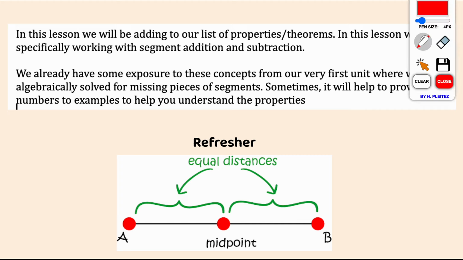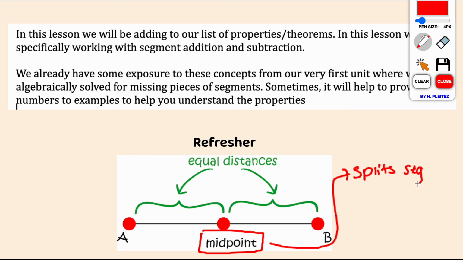Before we get into it though, just a refresher on some vocabulary. So this is a refresher on the definition of a midpoint. Now again, we know that a midpoint is in the middle of a segment, but we have to get in the habit of making conclusions that we can use in our proofs, right? So if we know something's the midpoint, the first thing that you should be thinking of from the definition is that a midpoint splits our segment into two congruent parts, right?